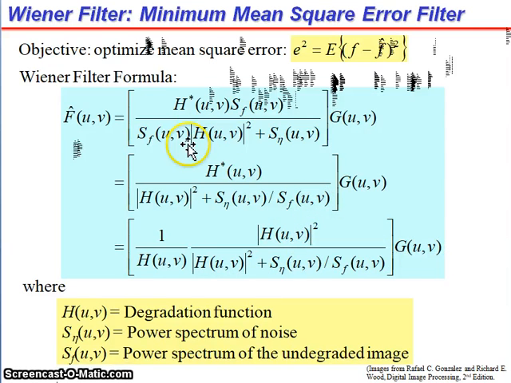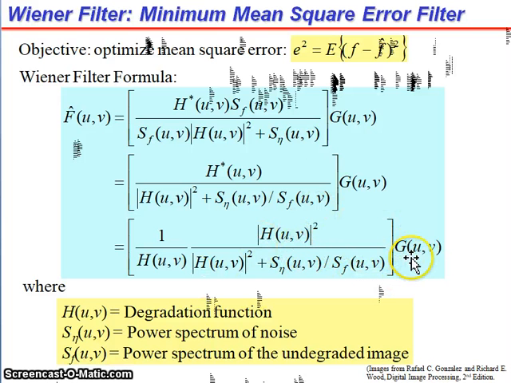Here Sn and Sf are power spectrum values, PSD values. The power spectrum of the undegraded image is Sf of u comma v, and the power spectrum of the noise is Sn of u comma v. There are certain formulas: Sf of u comma v is developed based on F, and Sn of u comma v is developed based on N. Now all the functions are familiar.